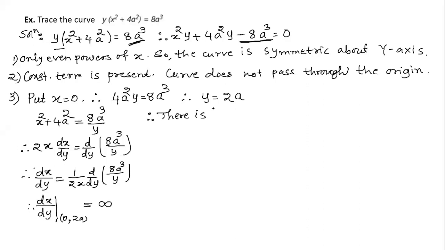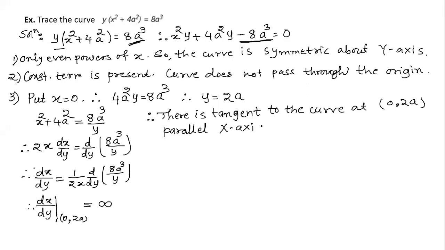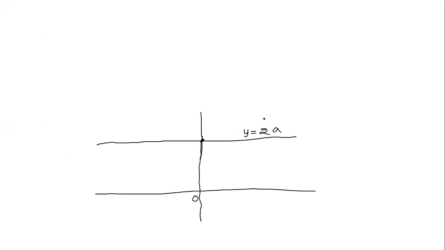What will be our conclusion? The tangent to the curve at the point x equal to 0 and y equal to 2a is parallel to, now dx by dy equal to infinity, that means dy by dx is equal to 0, so that is parallel to the x-axis.